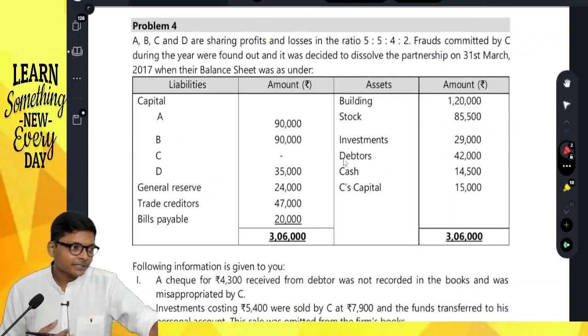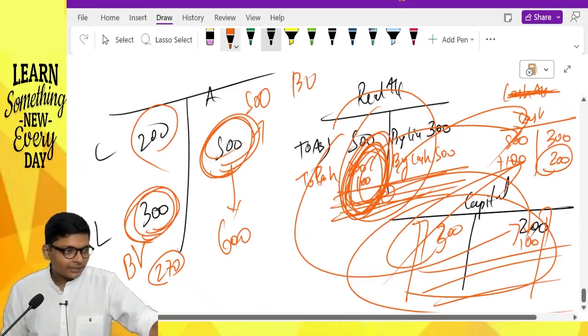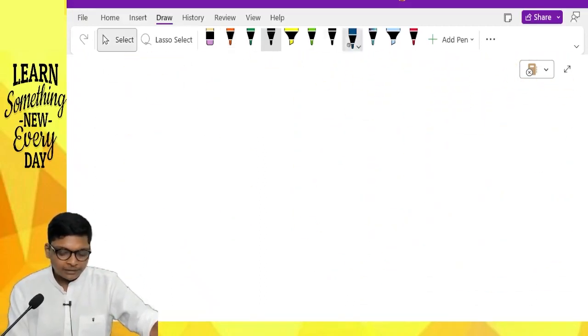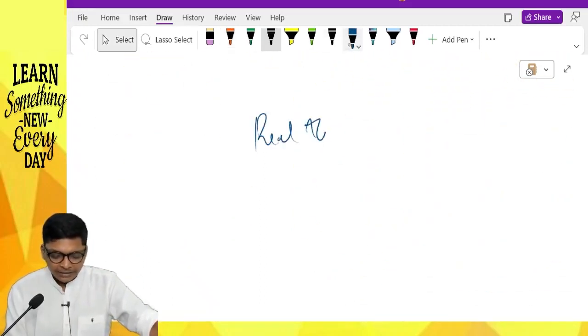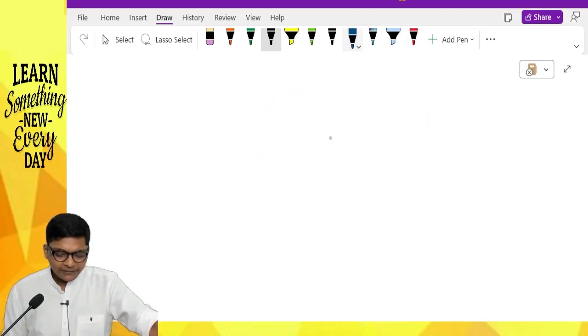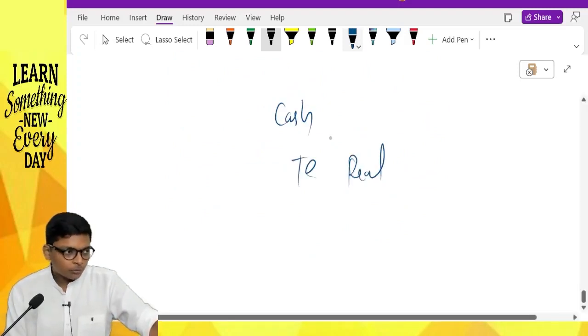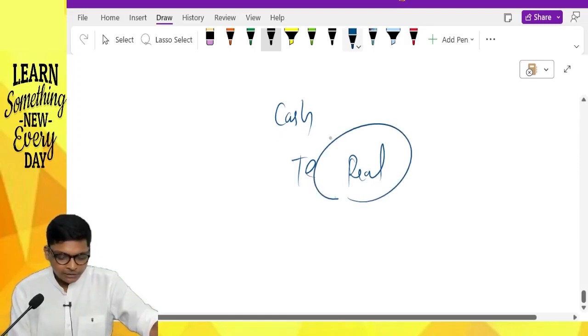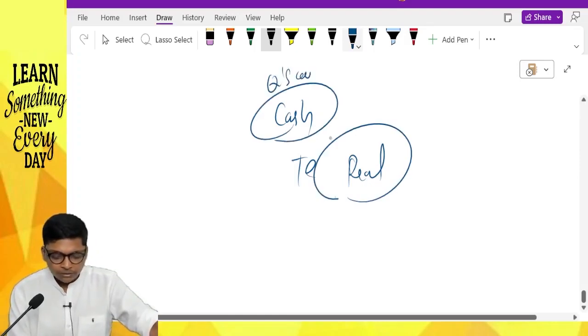Here also we are doing the same thing. What did you do in unrecorded asset or liability? If there is an unrecorded asset sold, we passed realization account credit, debit to cash, correct? Here, I credited realization, and instead of cash I debited Q's capital.